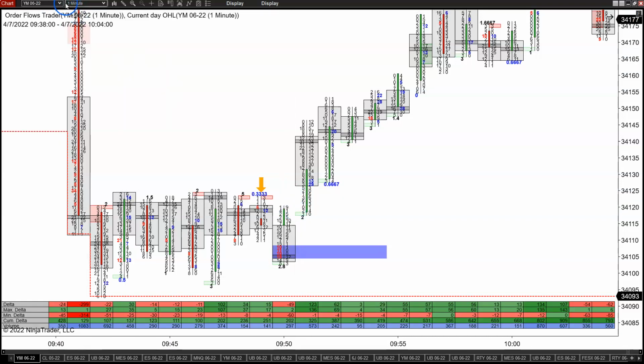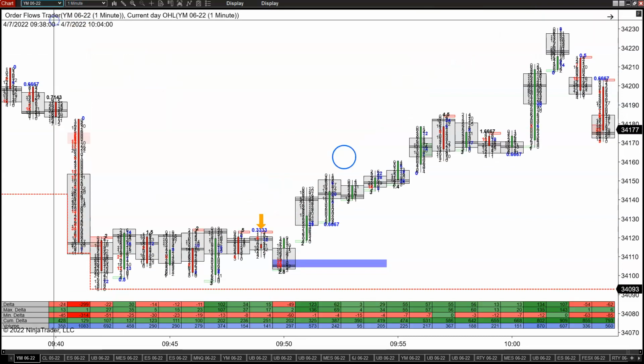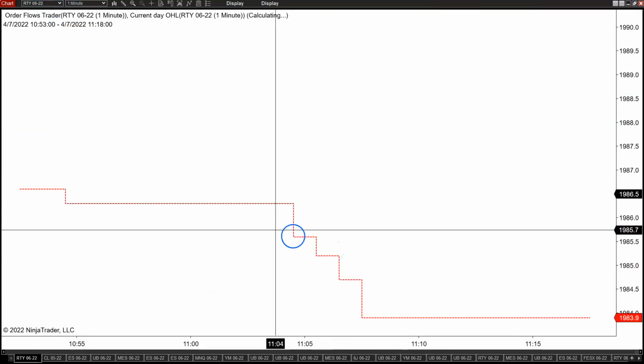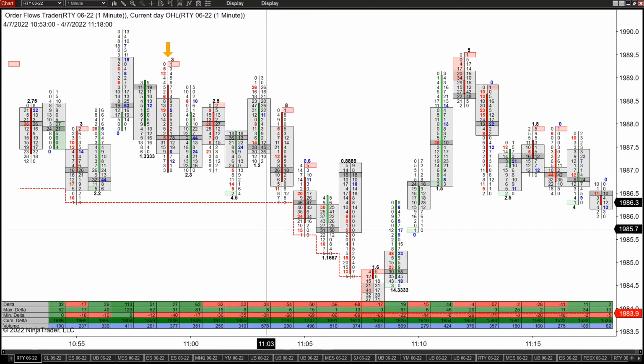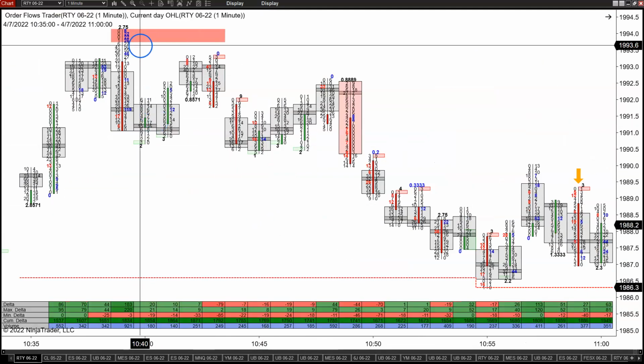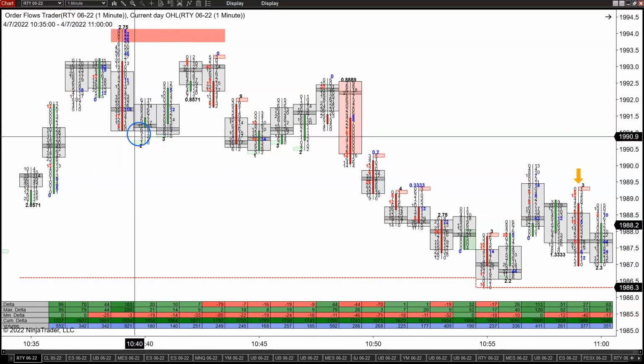Just as you would for that sell in the mini Dow, in the Russell. That was the mini Dow I was just talking about. Let's go back here, right? So, okay, I know I've got my stacked inverse imbalance, and again, this is a 1 minute chart.